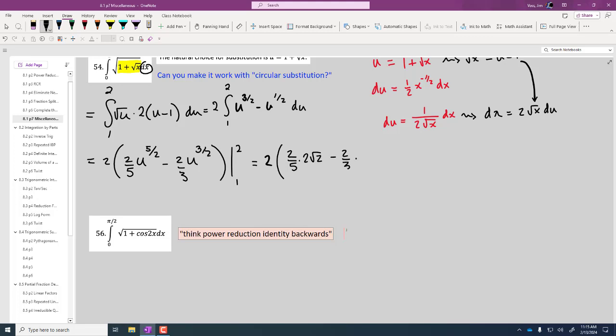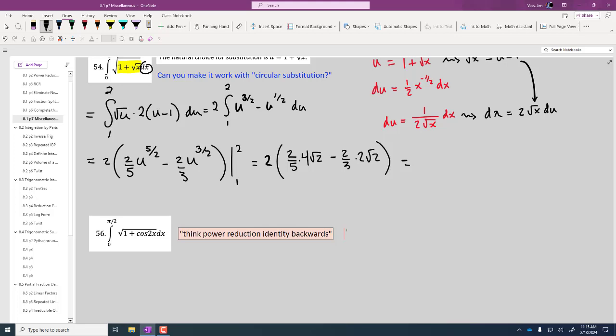Oh, 4 root 2. I said it, right? Yep. I think I said it. You did. And then 2 thirds multiplied by here is 2 root 2. So we've got that.